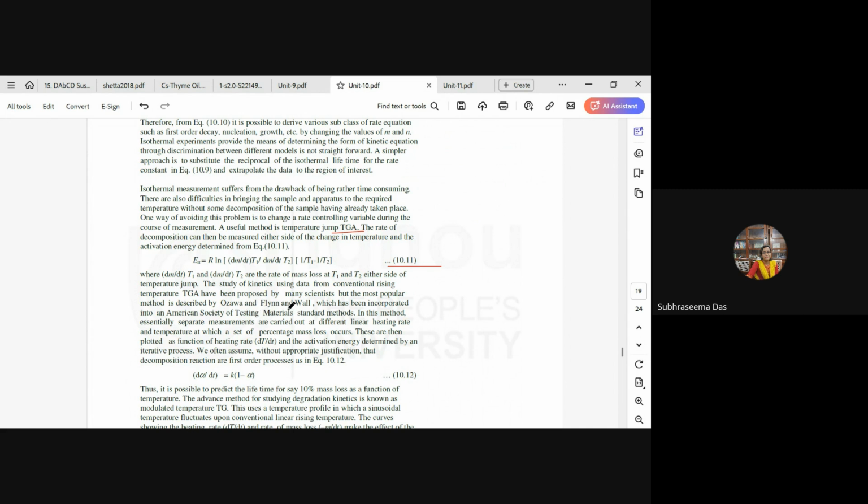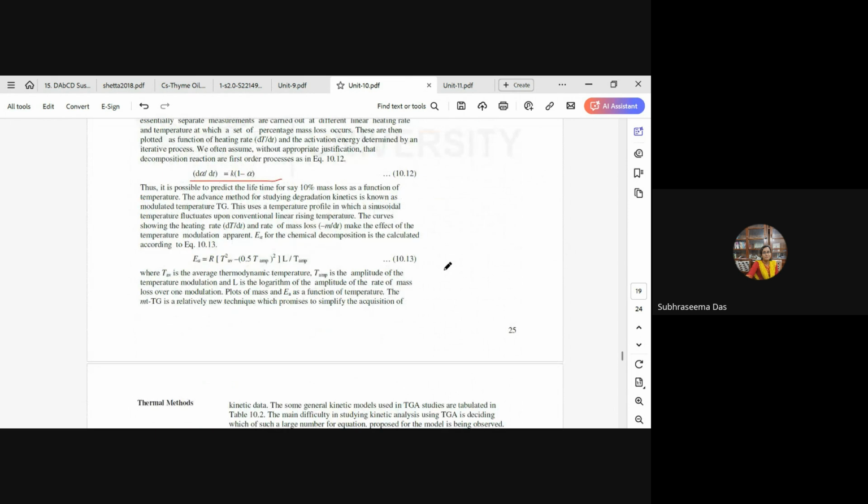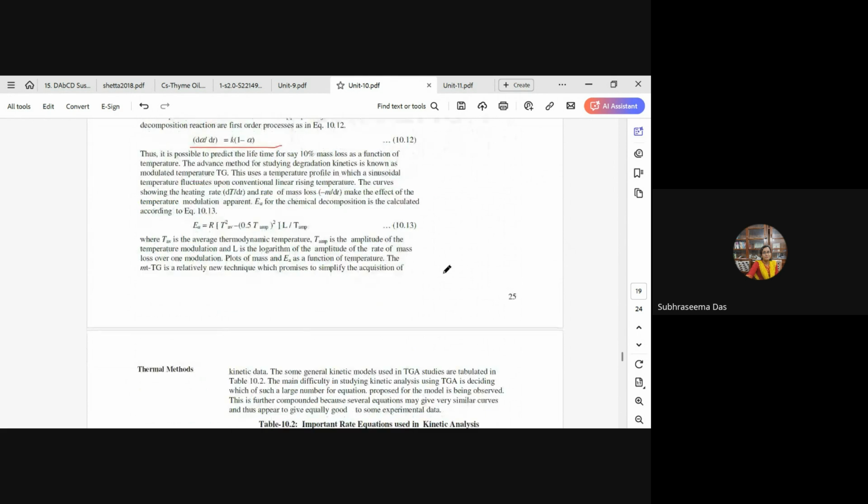One of the most popular methods is described by Ozawa, Flynn and Wall. In this method, separate measurements are carried out at different heating rates, and the temperature is noted against a particular mass loss. These are then plotted against dt by dt, and the equation in 10.12 is obtained. So it is possible to predict the lifetime, let us say for 10% mass loss, as a function of temperature.